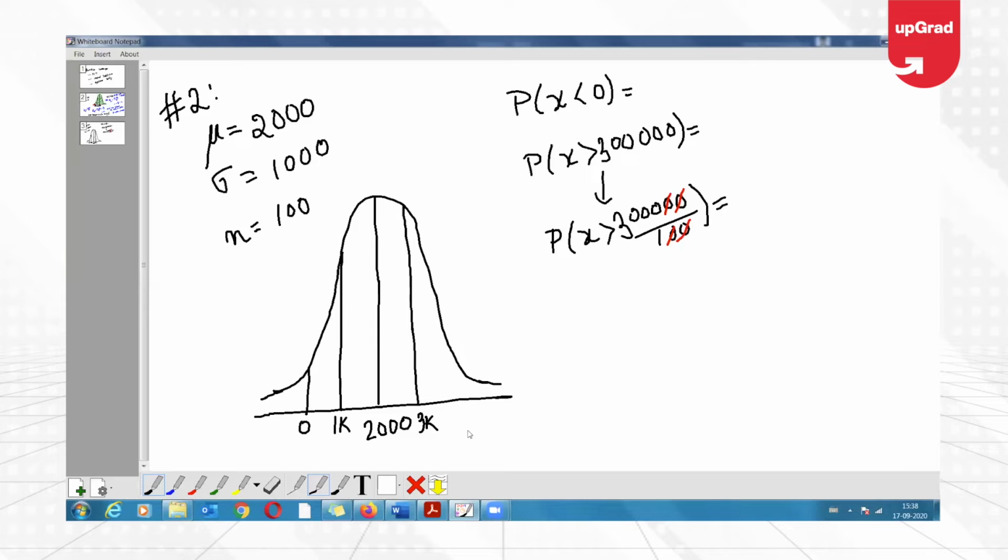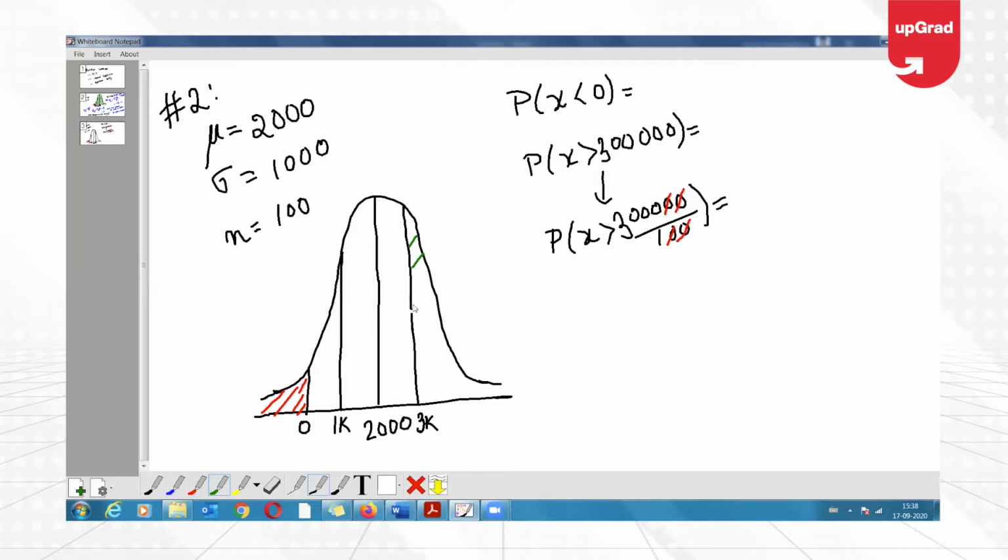So now what do we need to find? Let's look at the problem. Probability of you making a loss, which means this particular region, and probability of you making a profit greater than 3000, which means the region, actually let me draw profit with a good color.